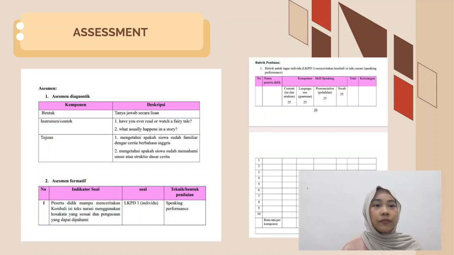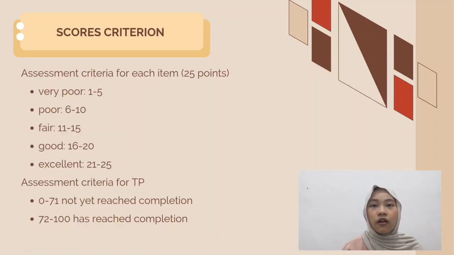So for the rubric assessment, you can see that the components are content, language use, pronunciation, and vocabulary. So for the score criteria, there are assessment criteria for each item.